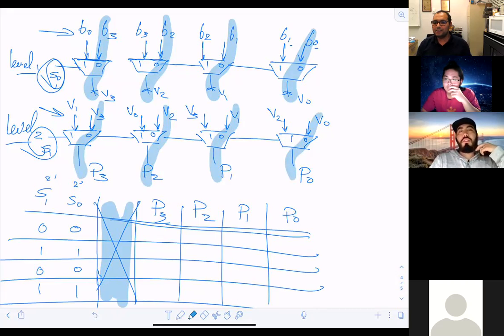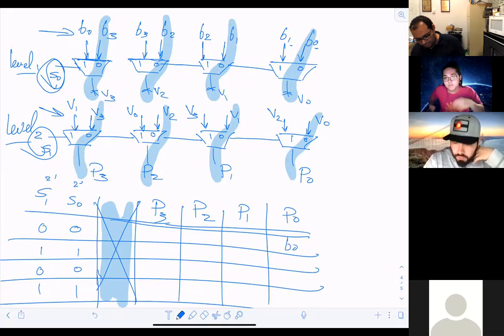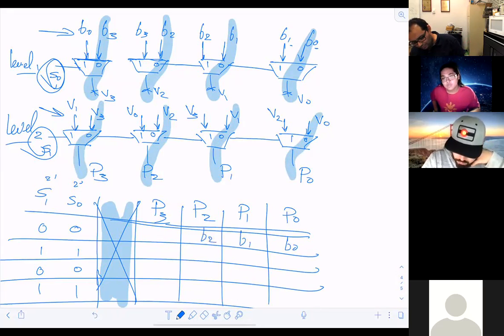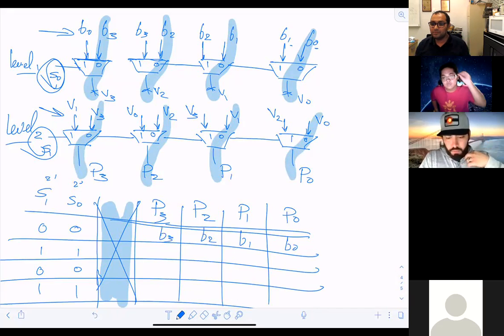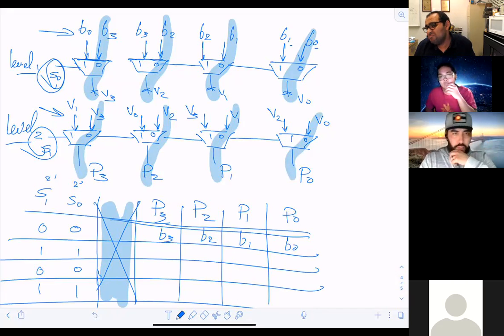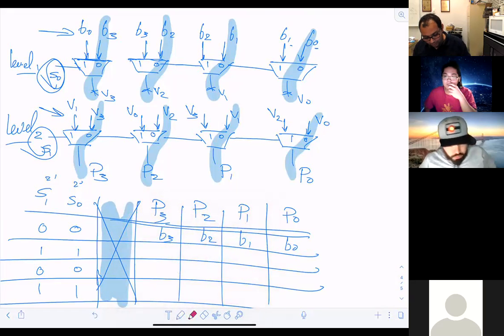Right? So pretty much P0 is B0. P1, B1. So when I have 0, 0, I didn't shift anything. I didn't rotate anything. Right? Let's use a different highlighting color for the 0.